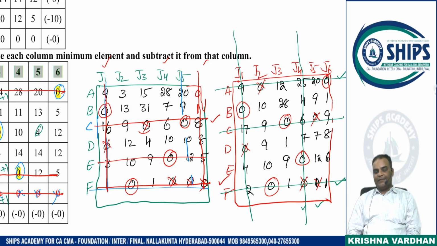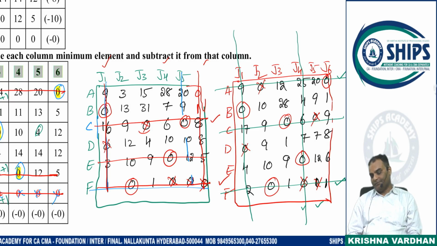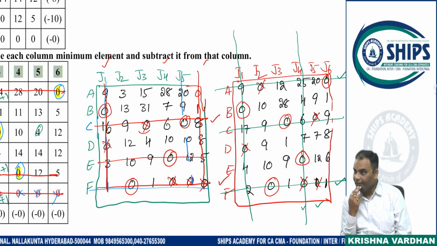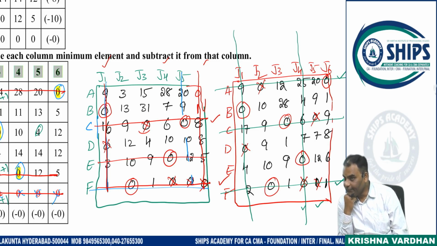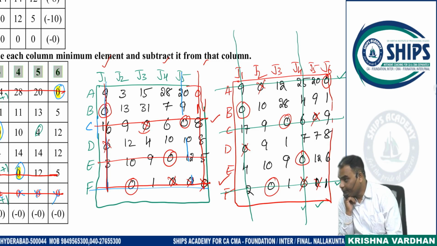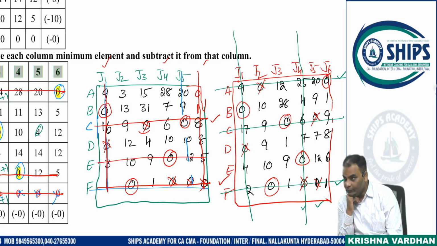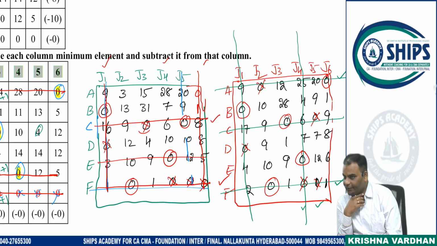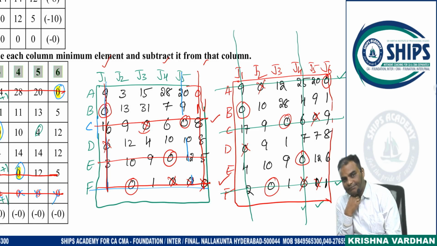Then you circle it. 55. You have taken the lines in a different manner? No problem. 55, still you'll get 55.